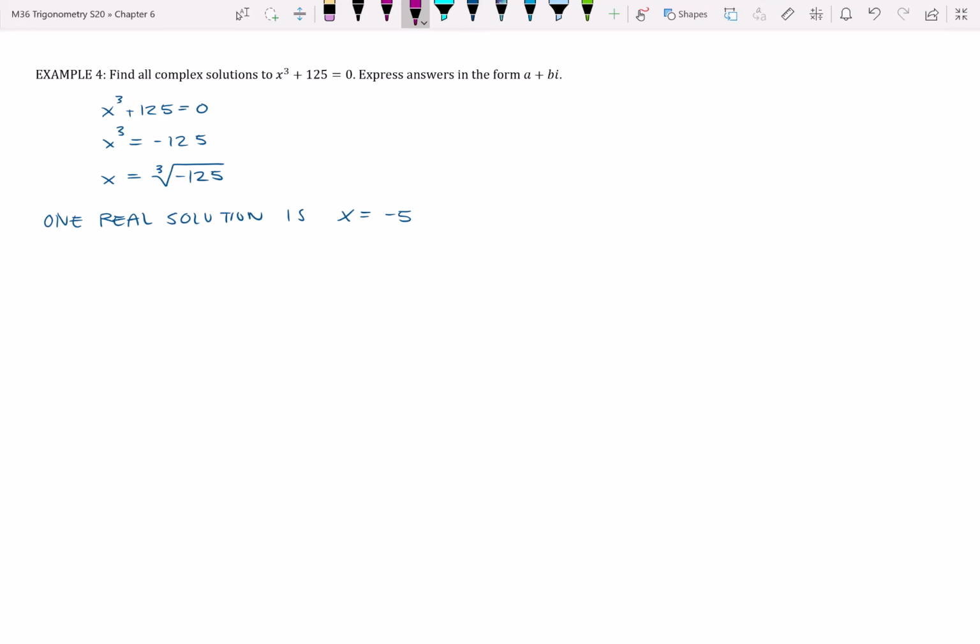It says that we have r to the 1 over nth power, and again, it just depends. In this case, it's going to be 1 over the third power, because we have the cube root, times the quantity cosine of theta plus 2 pi k all over n plus i sine of theta plus 2 pi k over n.